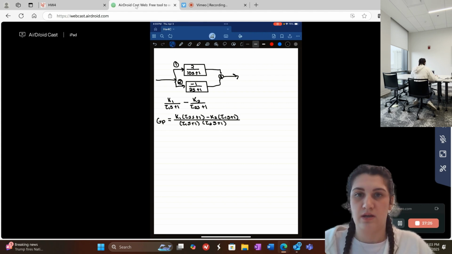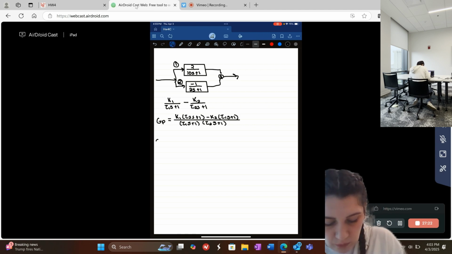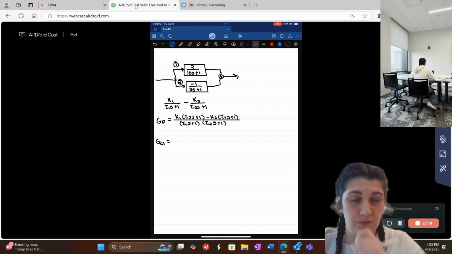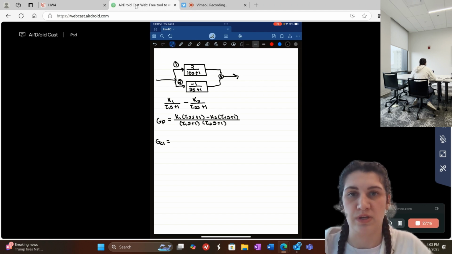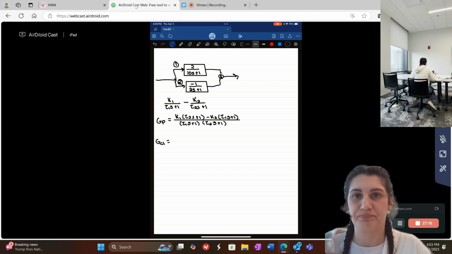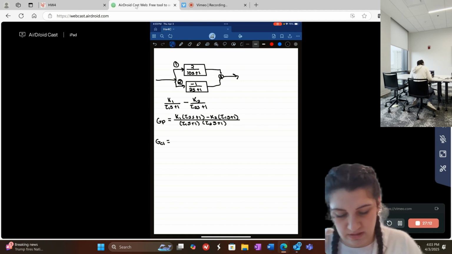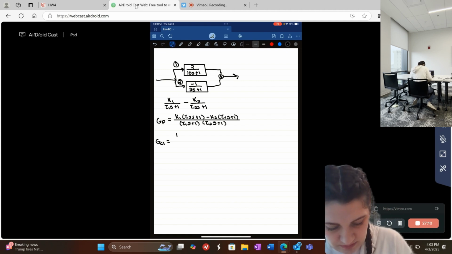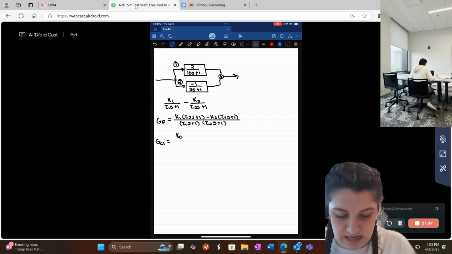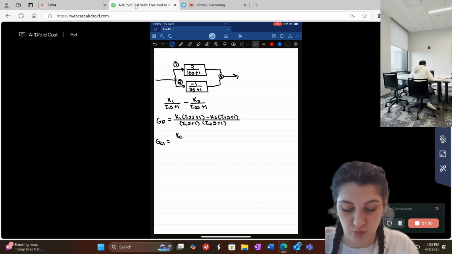Now if we want to look at our whole closed loop system, what we do is put everything going in the forward direction, and we're just going to multiply this by KC because we're going to have some controller.